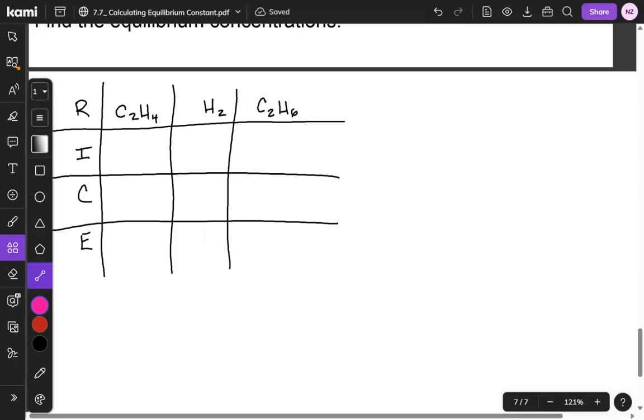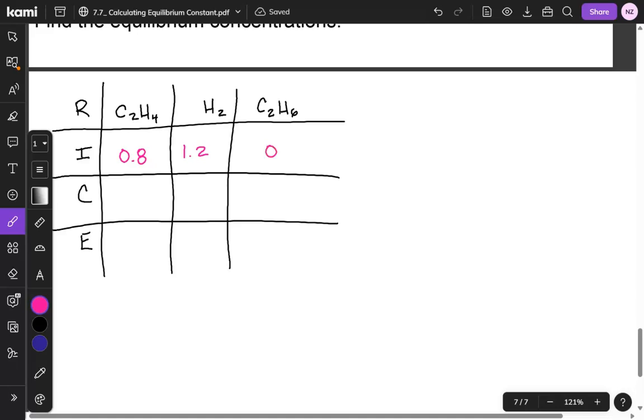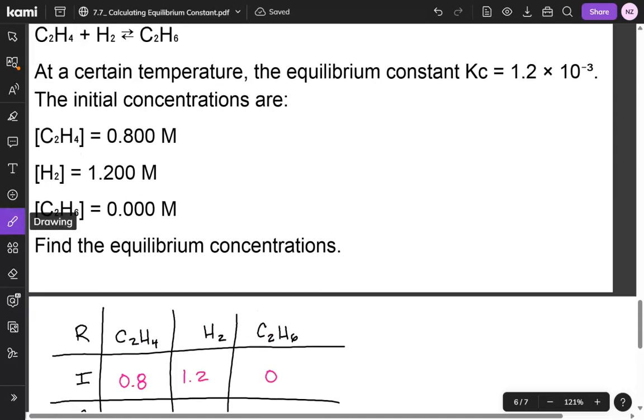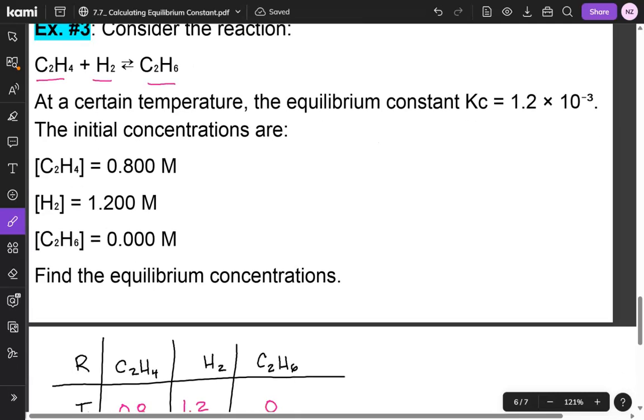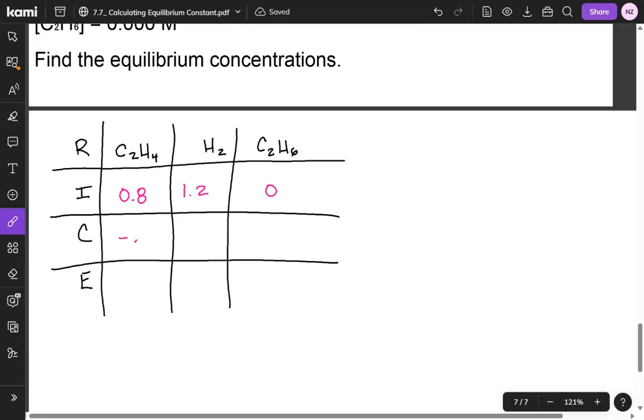Okay, so our initial concentration, 0.8. This is all given in the question. Okay, so we know that our C₂H₄ and our H₂ and our C₂H₆ are all a factor of 1. So going to go down, going to go up.